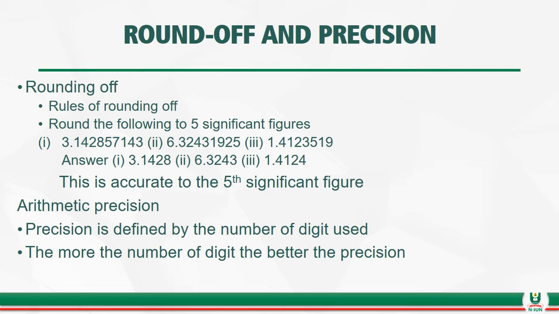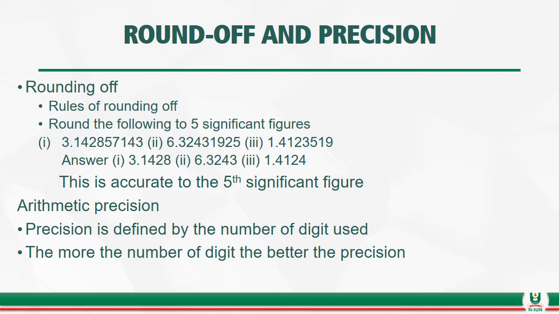Then rule number 2 is such that if the number after 8 is greater than or equal to 5, then we can add 1 to the number that precedes it. And the third rule states that if the number that precedes it is an even number, we do nothing. We do not add anything.